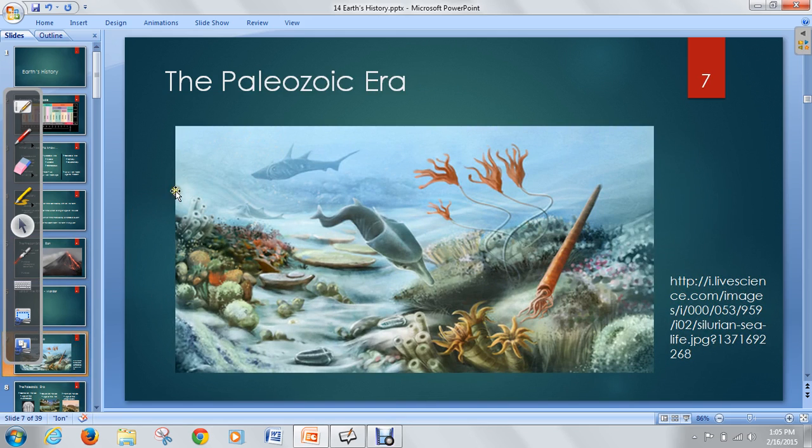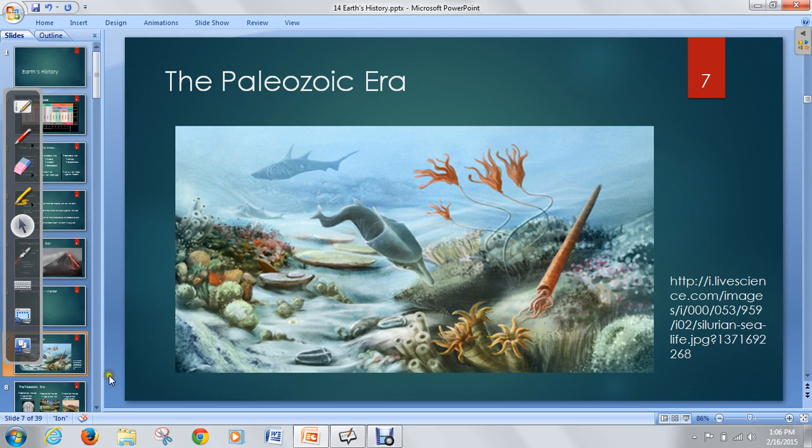The Paleozoic era is known for its marine life. Lots of squids and coral and things like that, very strange water forms. This is because the life first forms down there because they're able to take the oxygen out of the water, and they're not as affected by the intense atmospheric conditions.